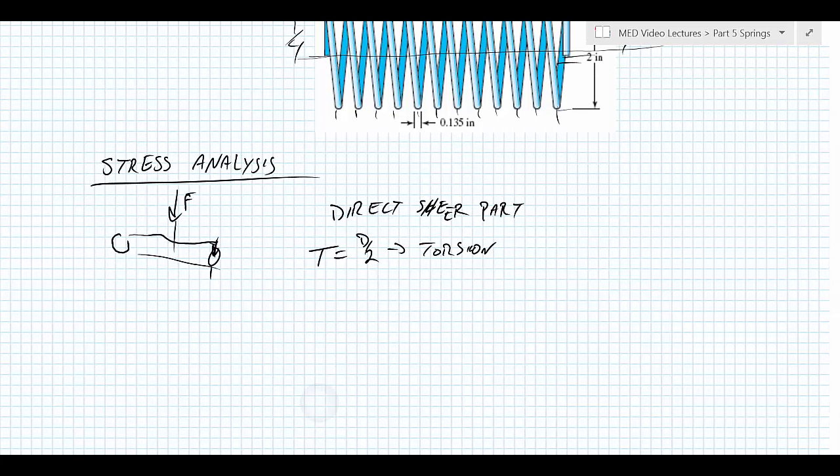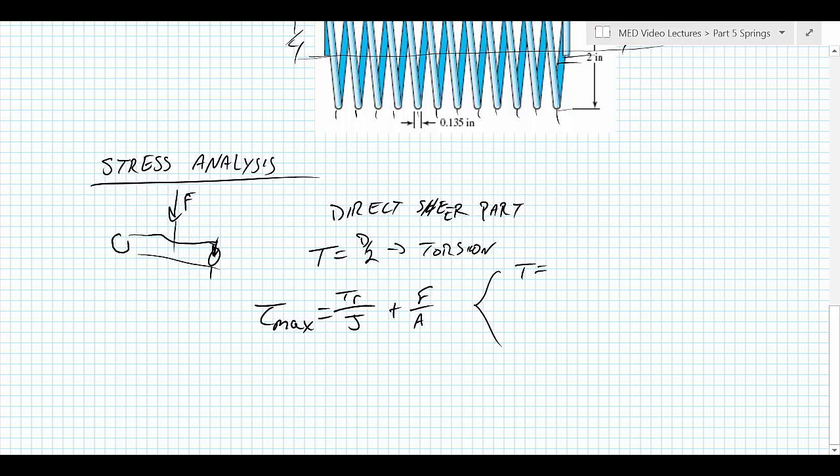So if we assumed a maximum shear stress is the product of the torsion part, Tr/J, plus the direct shear part, then we can take a look at this and do some approximation. So the T, of course, is going to be the force times the mean coil diameter divided by 2.